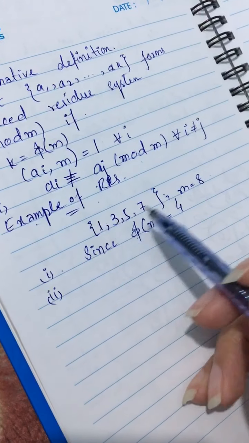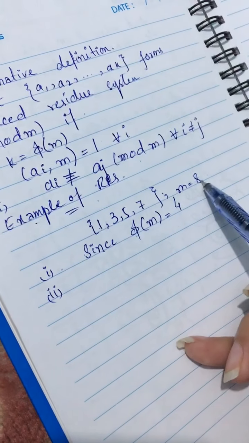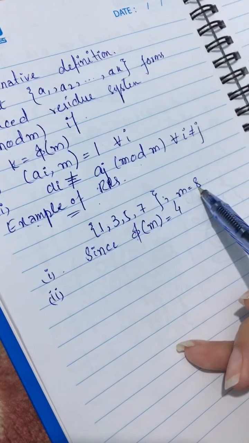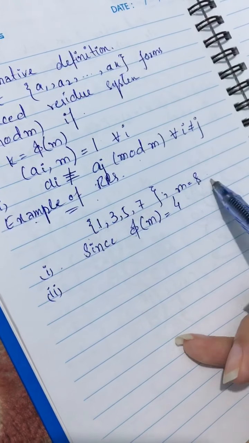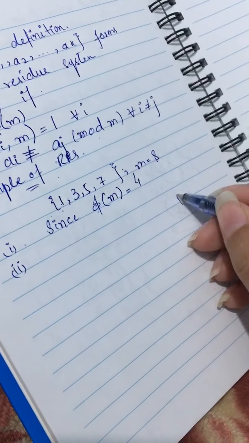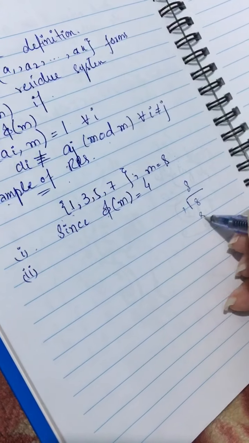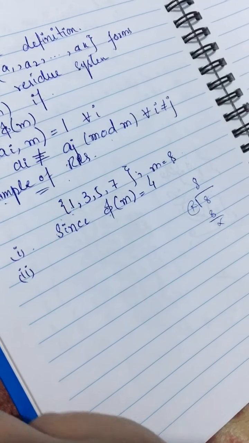The first one is the gcd of 1 with modulo 8, so that is obviously 1. If I check 1 and 8, 1 is the gcd.